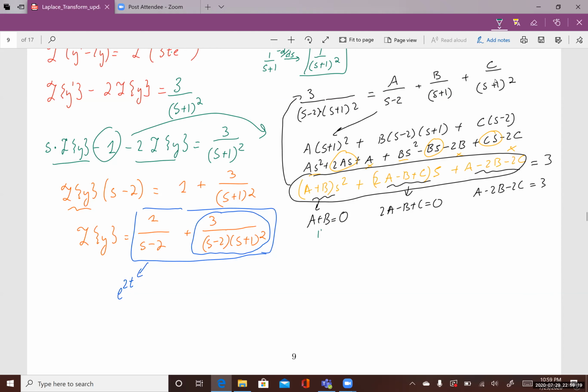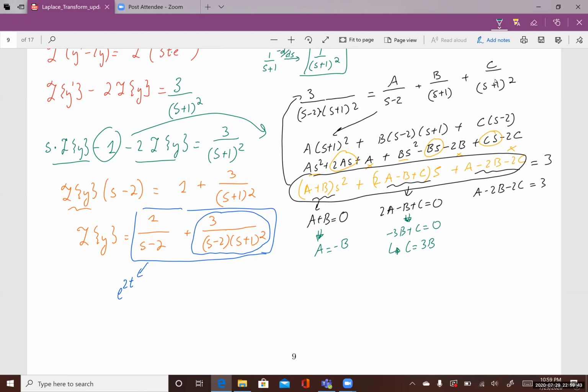So I'm using substitution. Solving for A, A equals negative B. If A equals negative B, then this should be negative B minus 2B, negative 3B plus C equals 0. That means C equals 3B. Okay.